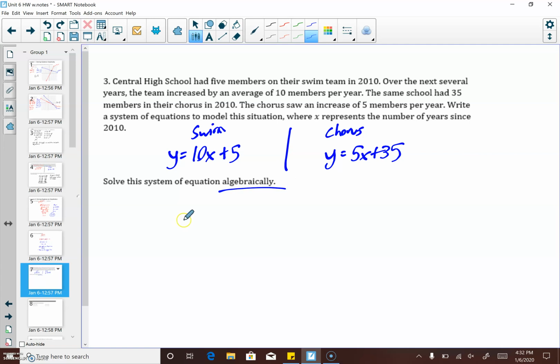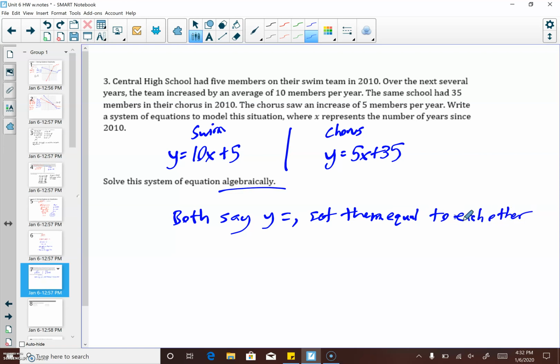Since they both say y equals, we're going to set them equal to each other. So 10x plus 5 equals 5x plus 35.